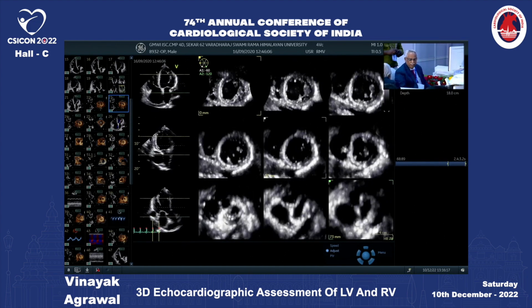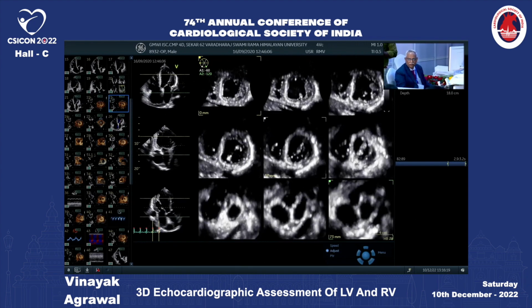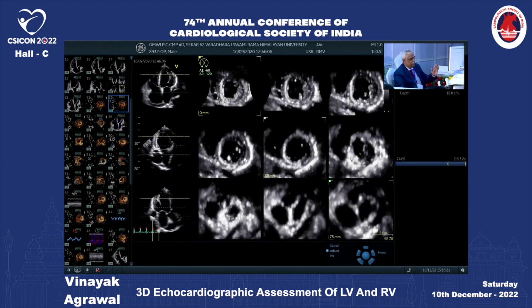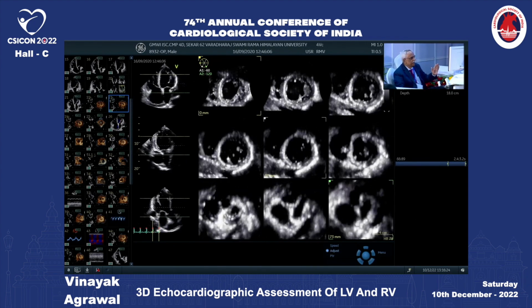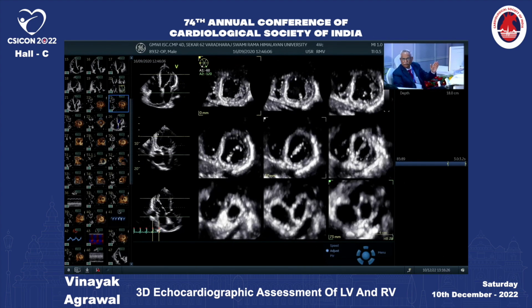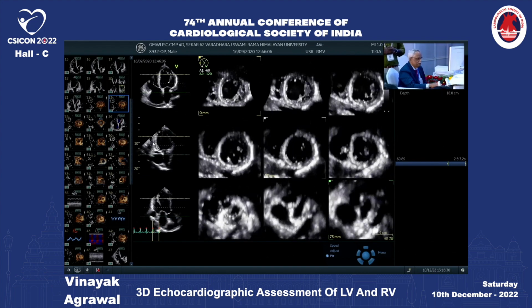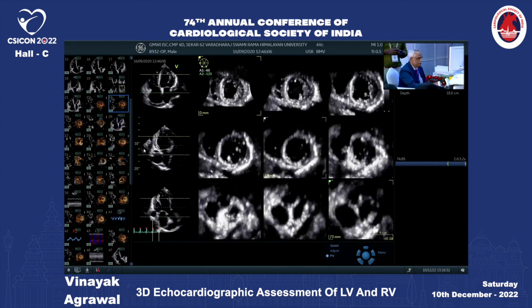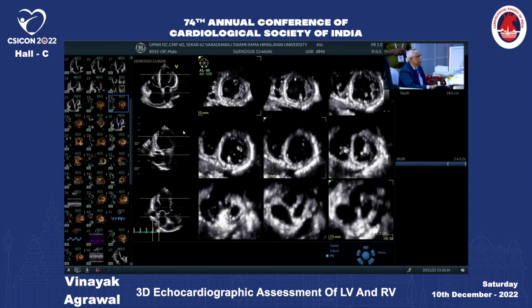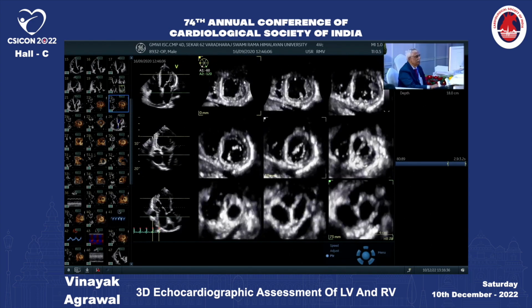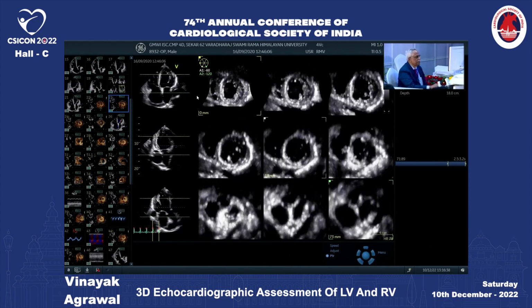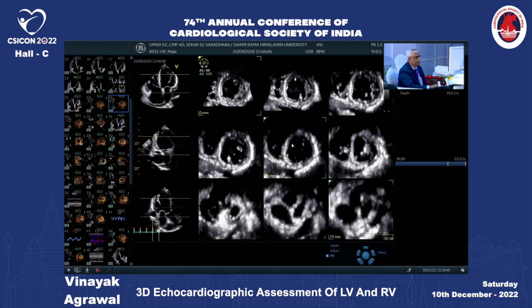When you're doing the three-dimensional echocardiographic acquisition, first get the apical four-chamber view, then go to the multiplane view. In multiplane view, from here to here, there are 9 cross-sectional pictures you can see.